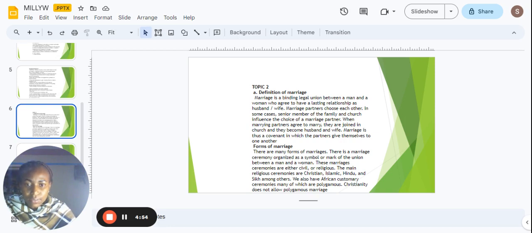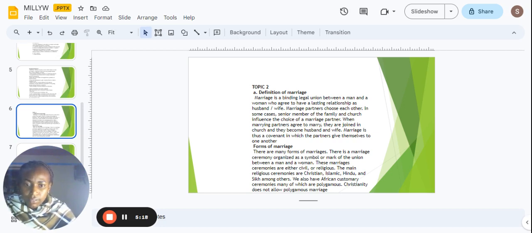In some cases, senior members of the family and church influence the choice of marriage partner. When marrying partners agree to marry, they are joined in church and they become husband and wife. Marriage is thus a covenant in which the partners give themselves to one another.